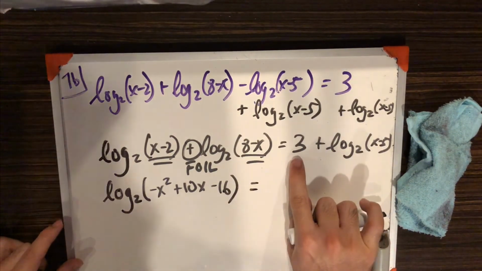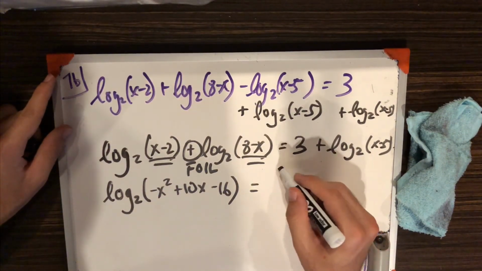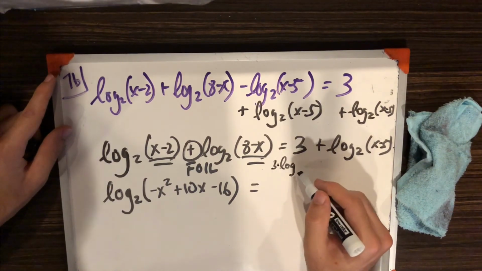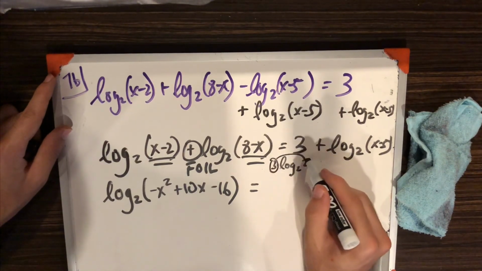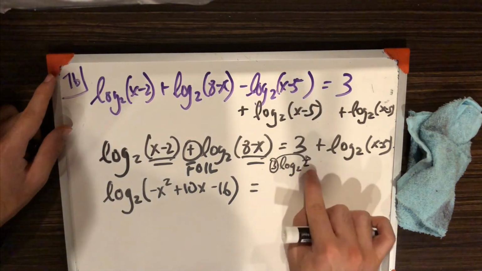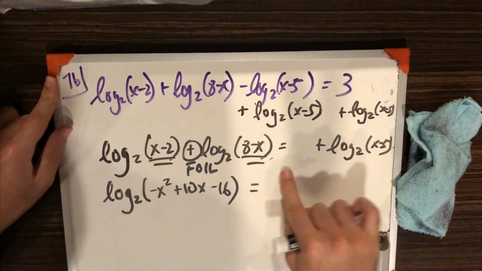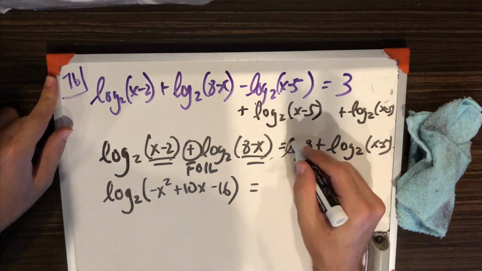And then changing this 3 into log form, well, I can say this could be 3 times log base 2 of 2, which I can take up front here using power law. So 2 to the 3rd power is 8. So instead of saying 3 here, I can say log base 2 of 8.